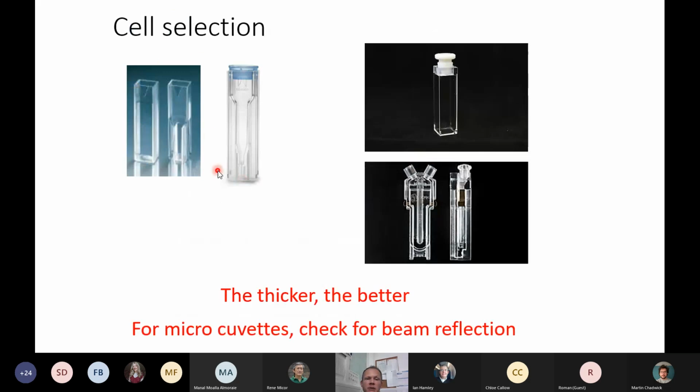Then select an appropriate cell. That could be plastic or quartz, they are all available. You can take a spectrophotometry cell or some plastic cells. But remember, the thicker the cell, the better your correlation function will be, because you are gathering the scattered light from a bigger volume.